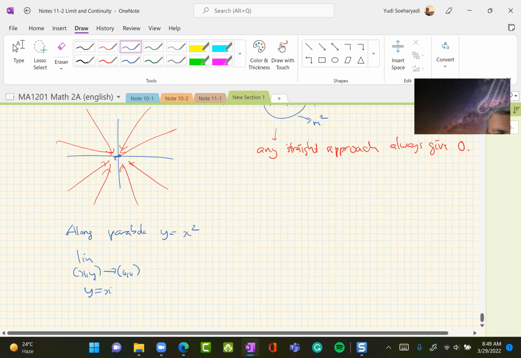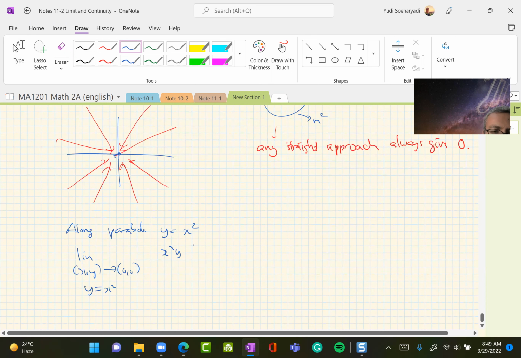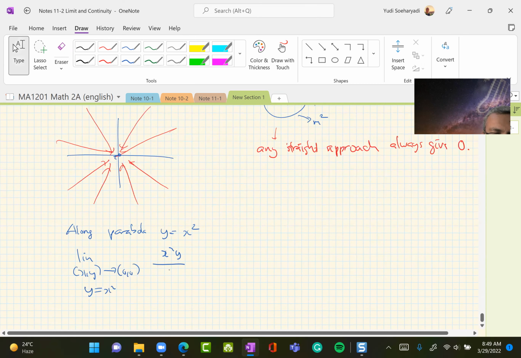So this limit, but y equals x squared. Let's rewrite this as x squared y. Then this becomes just one variable. Okay, so we replace y by x squared, and you have x to the 4 remaining, and y squared is x to the 4.